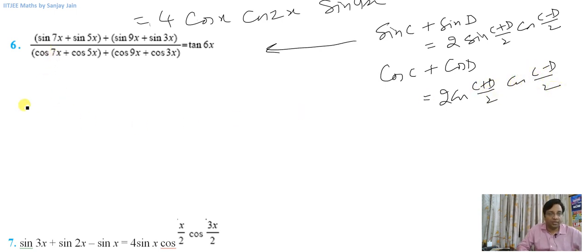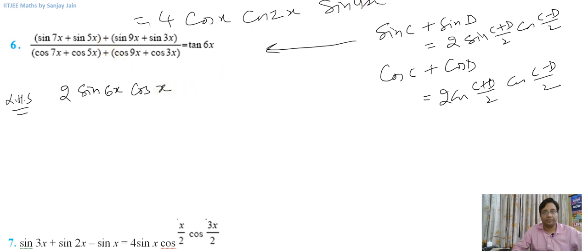So we'll have to apply these formulae on the left hand side. So let's do that. If I see the numerator sin c plus sin d, so it will be 2 sin (c plus d)/2, that is 6x, and cos (c minus d)/2, so 7x minus 5x is 2x, by 2 is x.